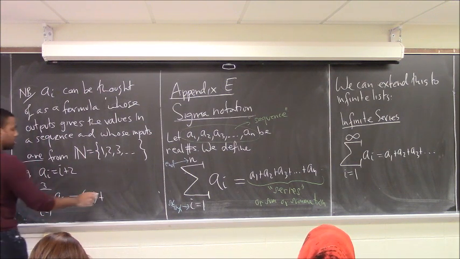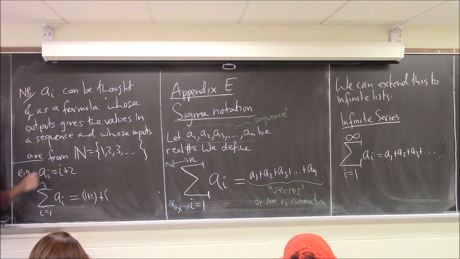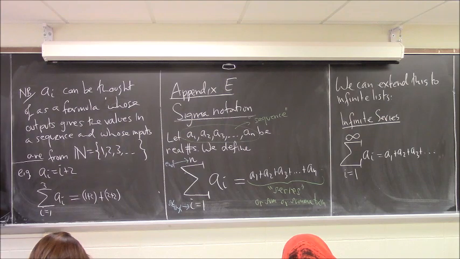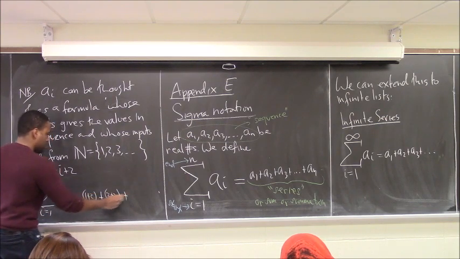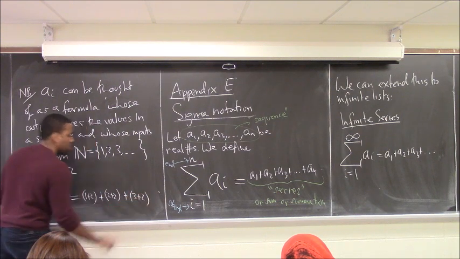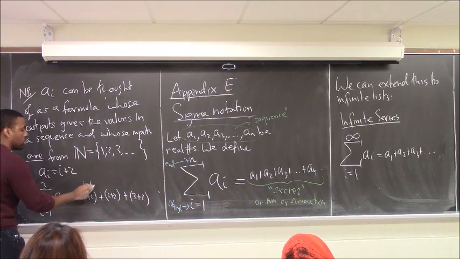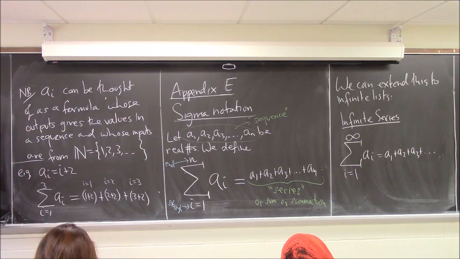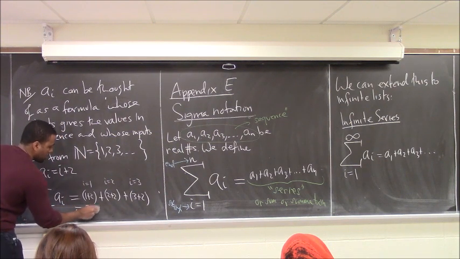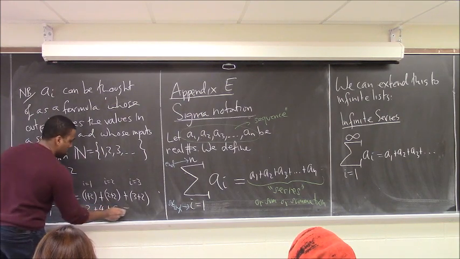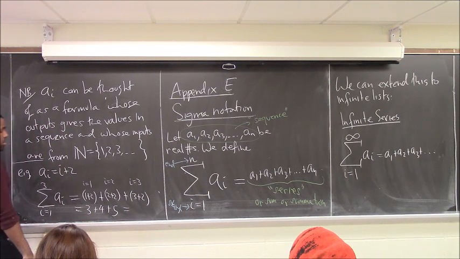Plus, you're going to plug i equals 2 into that formula: 2 plus 2. That's for i equals 2. Plus, plug in 3 into this formula, that'll give you 3 plus 2. And so this would be 3 plus 4 plus 5. And that would be 7 plus 5, that would be 12.